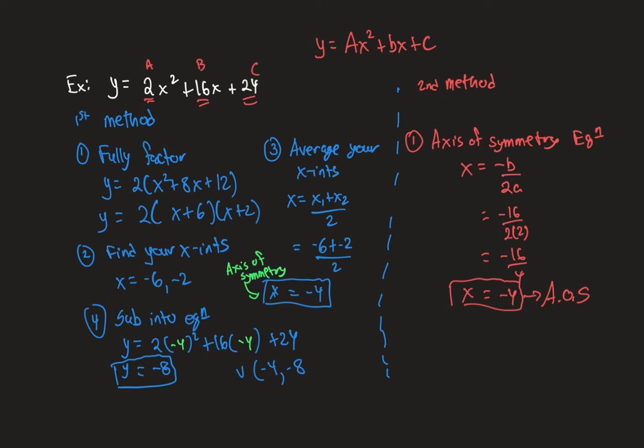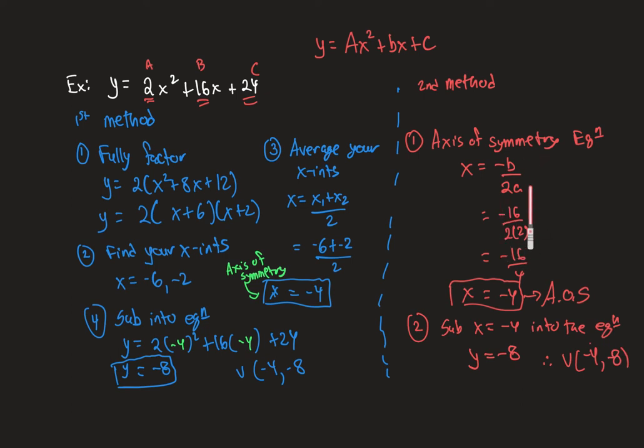Then, your second step is going to be the same as the other one. So your second step is to sub x equal to -4 into the equation. We already did that before, so I know that my y is going to be -8 still. So your vertex is going to be at -4, -8.